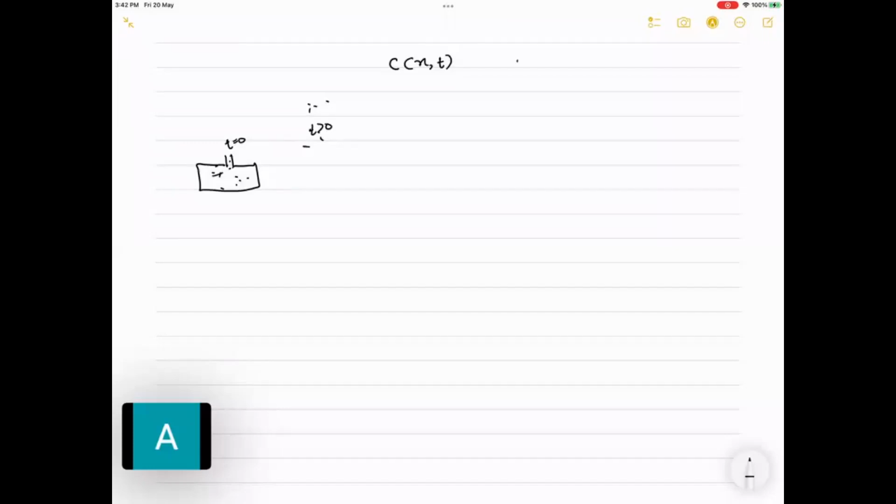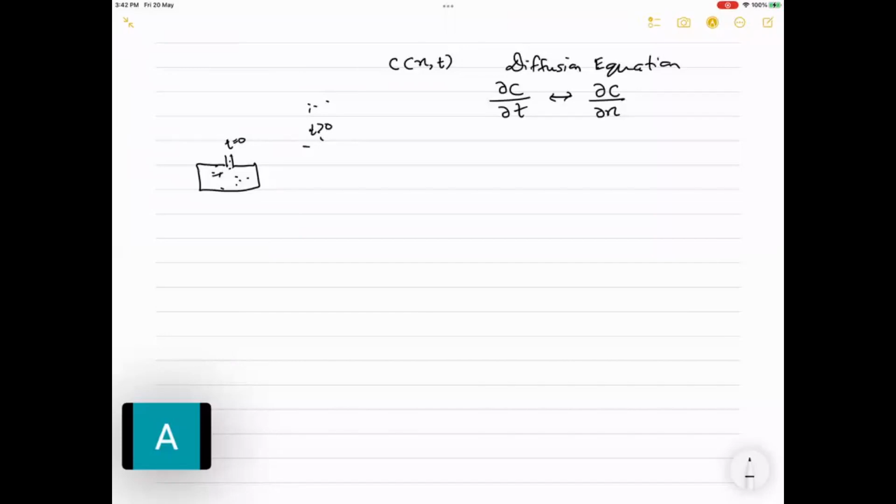And what we are going to derive is called the diffusion equation. It connects the change of concentration with respect to time to the change of concentration with respect to space.